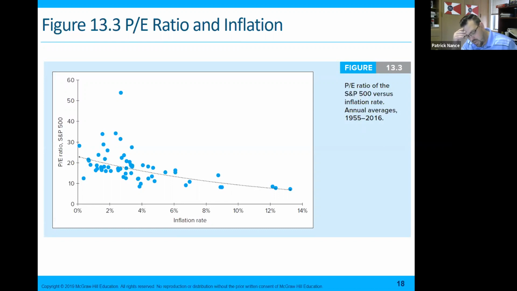This shows that PE ratios generally have been inversely related to the inflation rate. In part, this reflects the market's assessment that earnings in high inflation periods are of lower quality, artificially distorted by inflation, warranting lower PE ratios. So you can see that the inflation rate is inversely related to the PE ratios.